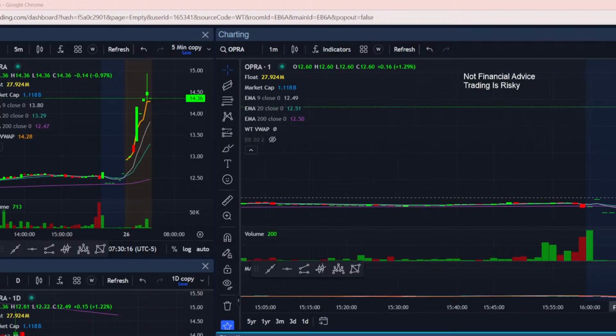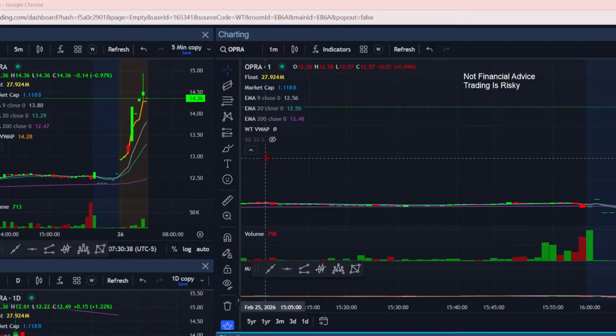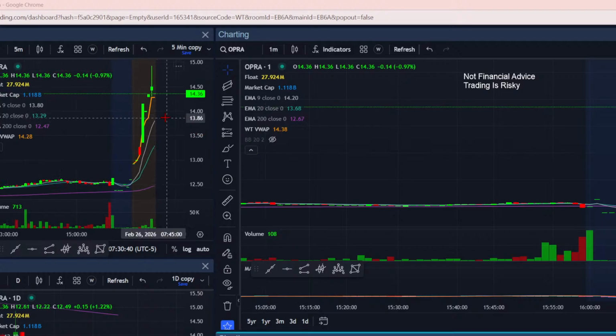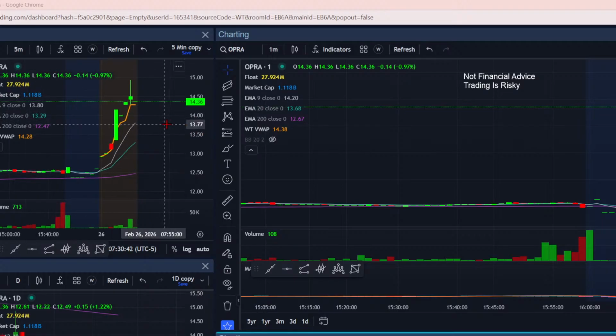It's low volume, so it barely has anything. On the 1 minute, it looks like there's nothing, and that's how it trades. On the 5 minute, it looks a little bit better, but basically, I would lose all my money.